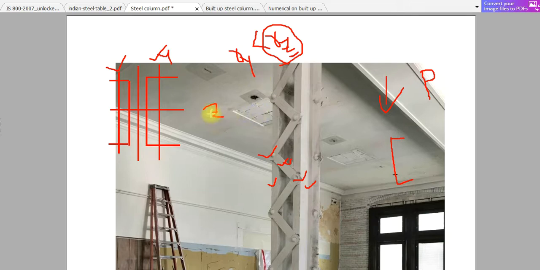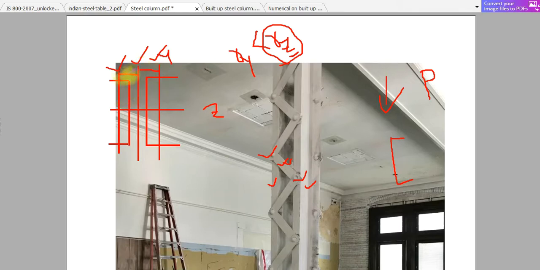Here in this case, if we need to find the moment of inertia about this new axis, this one, the center, that will be the moment of inertia of these two channel sections: Iy plus Iy plus 2 into A into h square. This is h, and this is also h, because this is the center point.